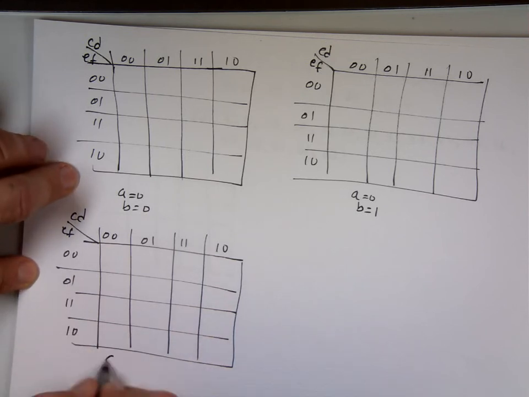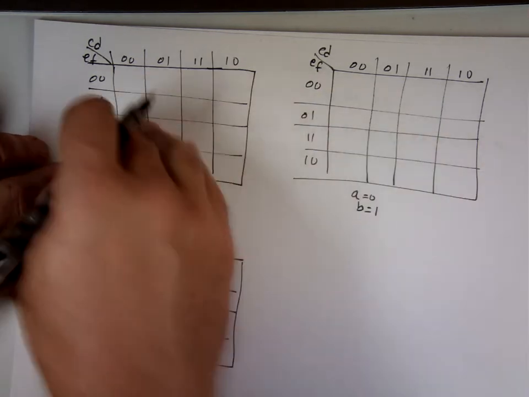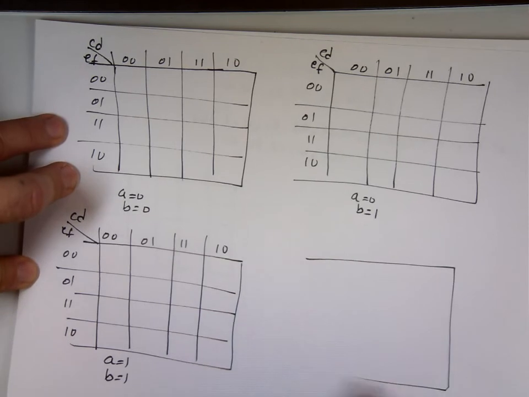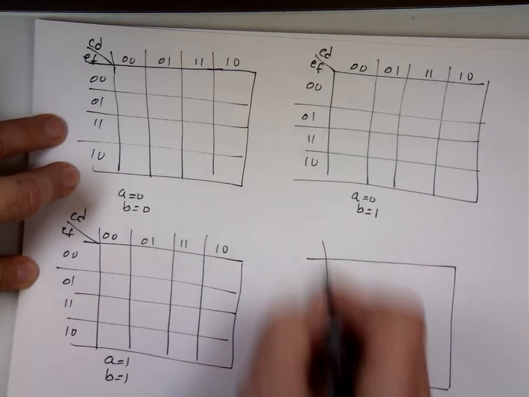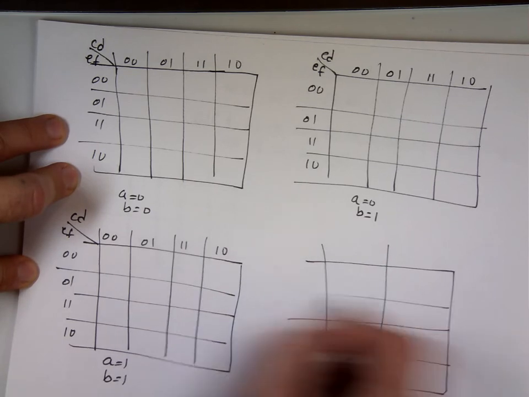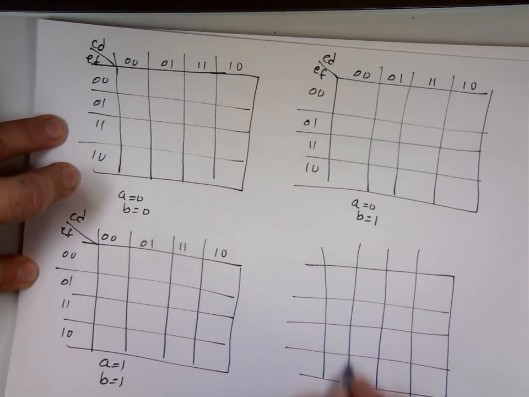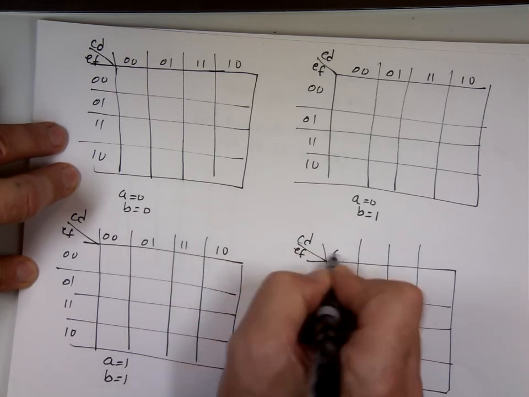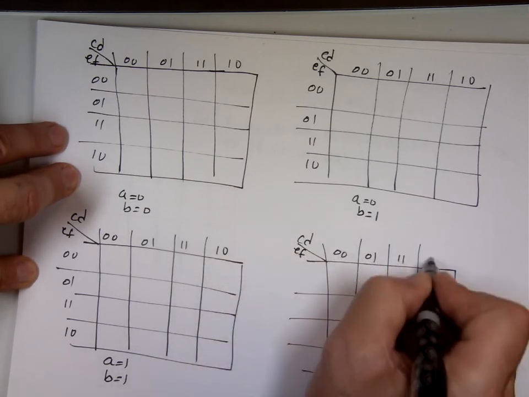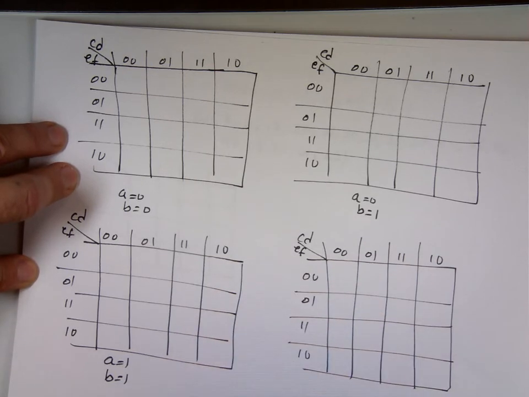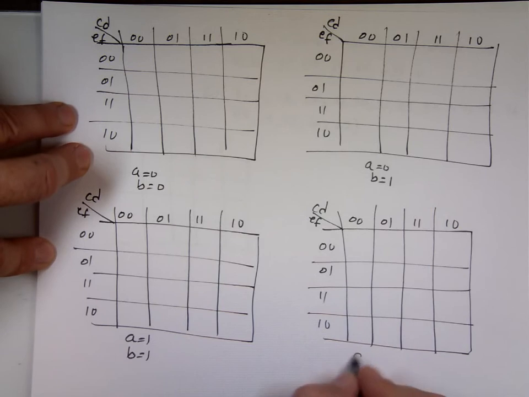So this is the bottom, this is on top of it, this is on top of that. And we have one more that's on top of this one. C, D, E, F. And this will be A equals to what? 1, B equals 0.